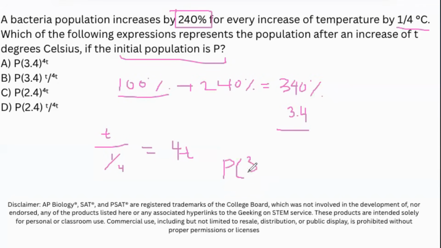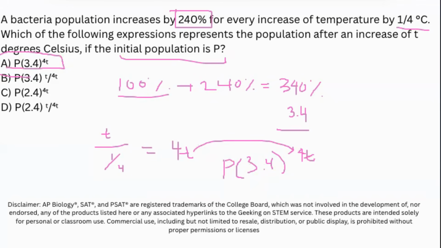We are increasing by 3.4 every time. And then we are interval by 4t. So the best answer here that it aligns with is answer choice A. Noting that P is the initial population, 3.4 is our growth factor, and 4t are the number of intervals.